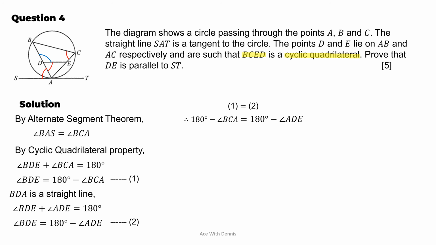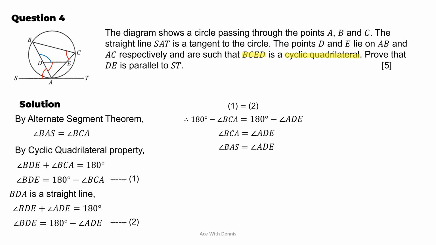We get 180 degrees minus angle BCA equals 180 degrees minus angle ADE, which means that angle BCA equals angle ADE. Now look at the diagram. This is angle BCA and this is angle ADE.